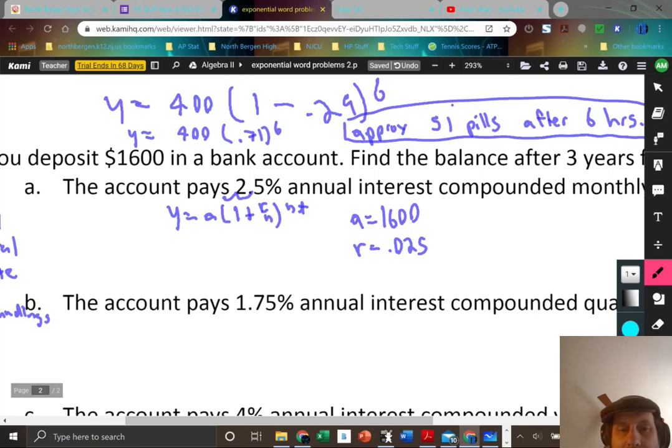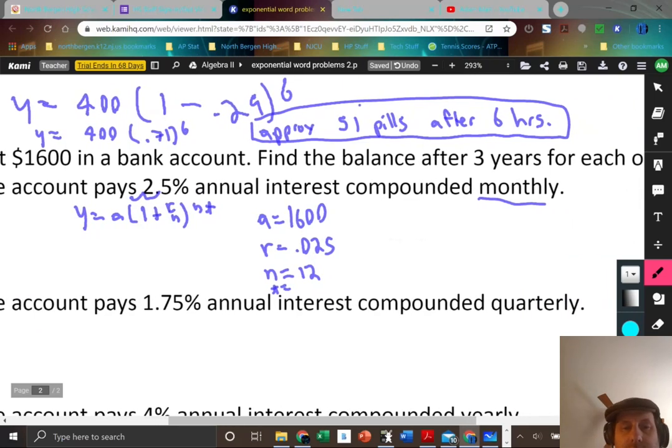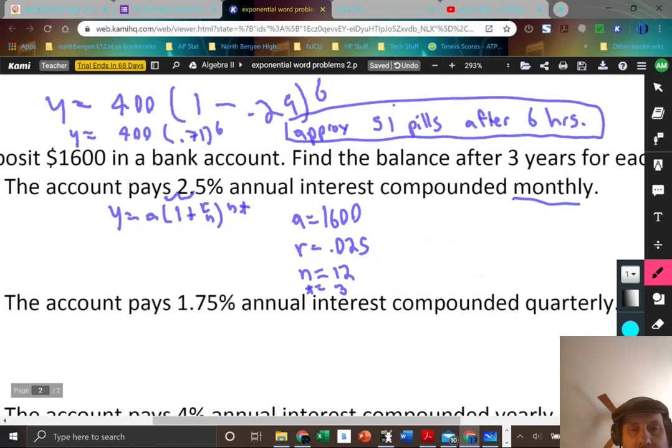Your n is your times compounded. This says compounded monthly. There are 12 months in annual, meaning 1 year, so n equals 12. And your time, of course, you find the balance after 3 years, so t is 3. Now we can fill this out.